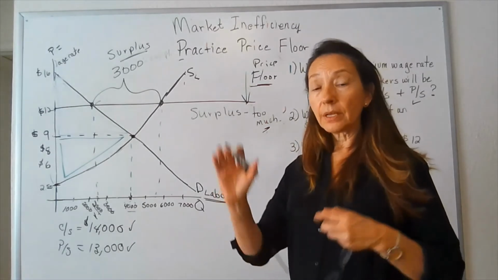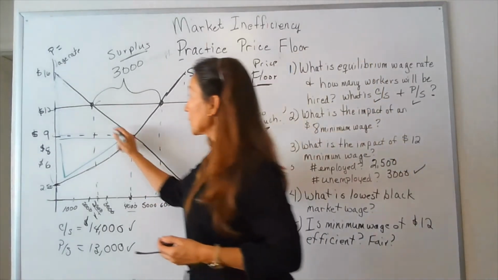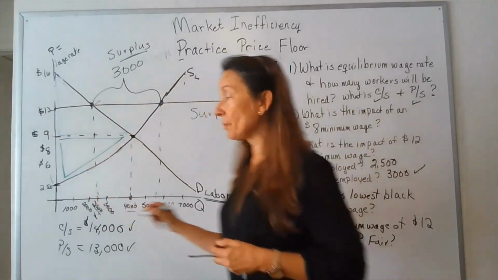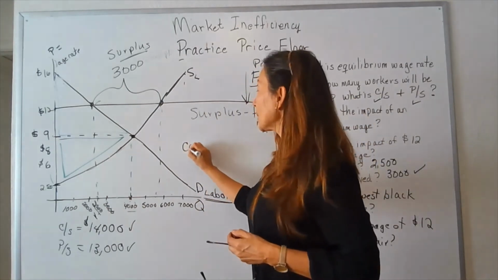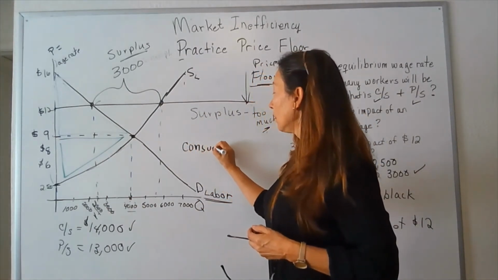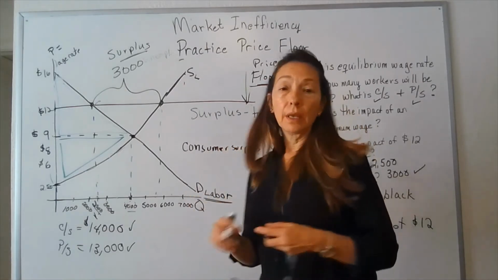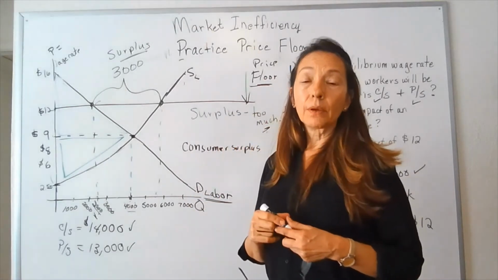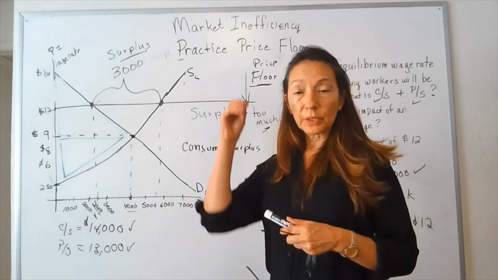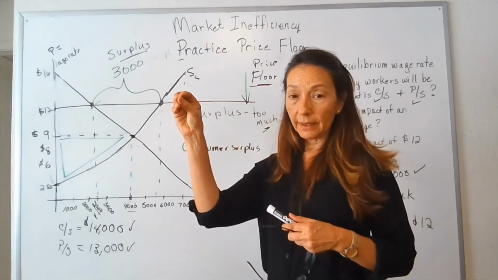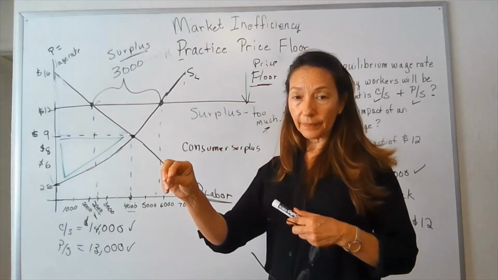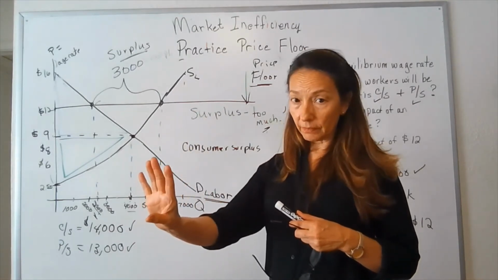Then we have another term that is confusing, which is consumer surplus. Remember that that is the extra value that a consumer gets when you calculate the difference between what the consumer is willing to pay and the market price. That's consumer surplus.